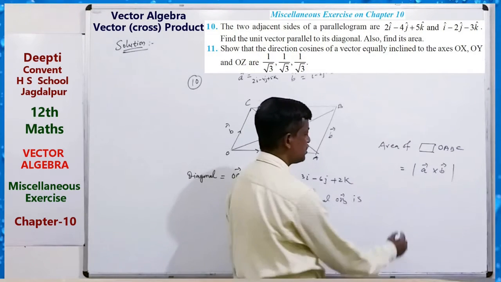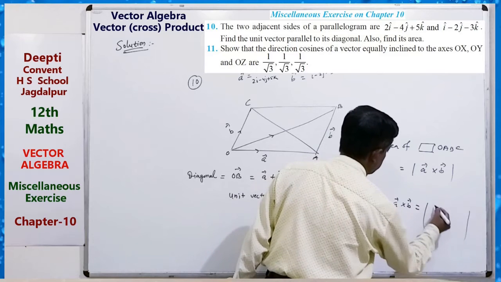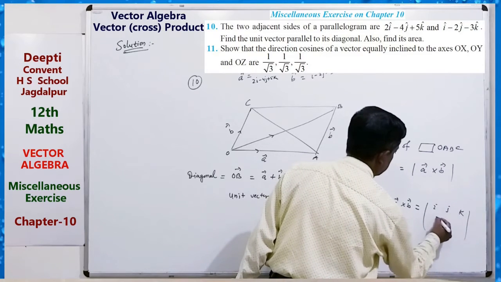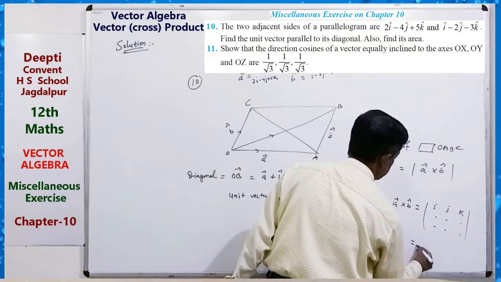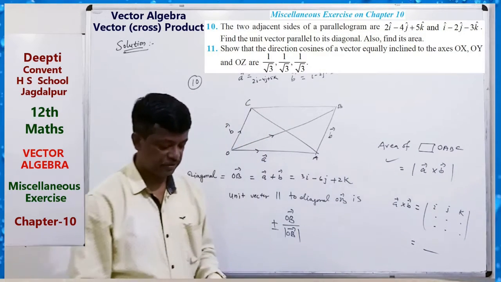A cross B can be found by using this formula with i, j, k. Get the vector and take the modulus. We can find the area. Okay.